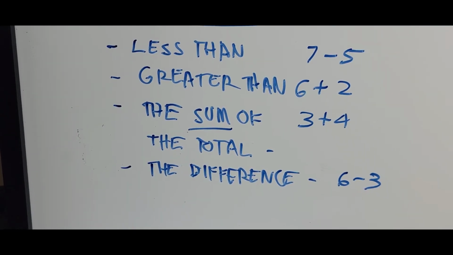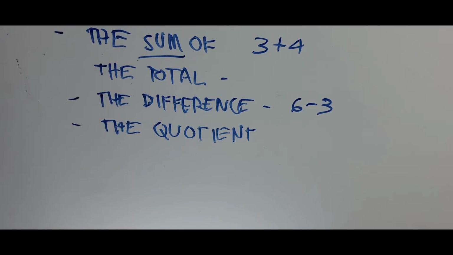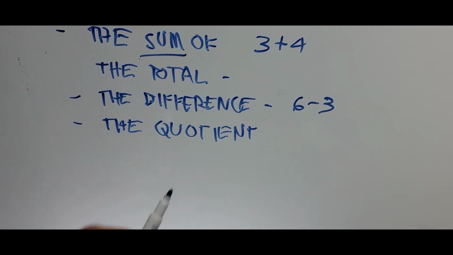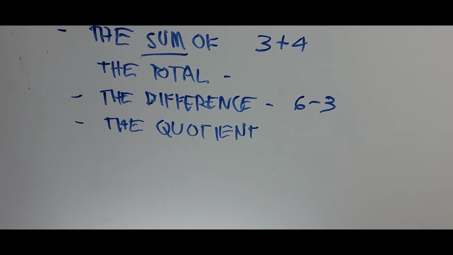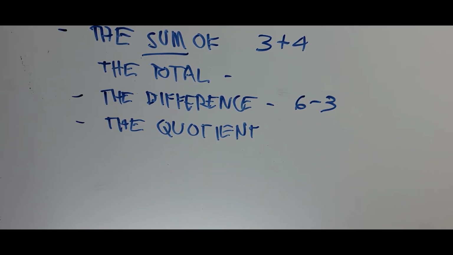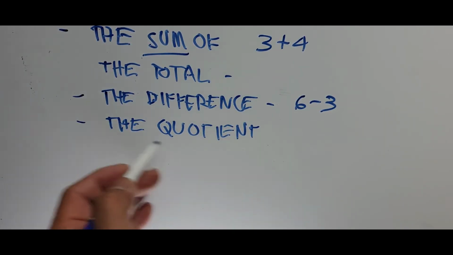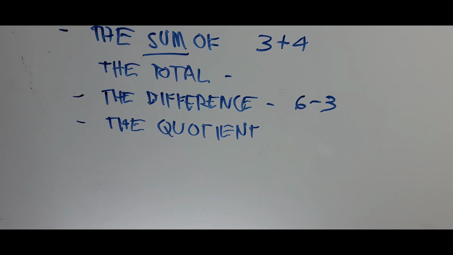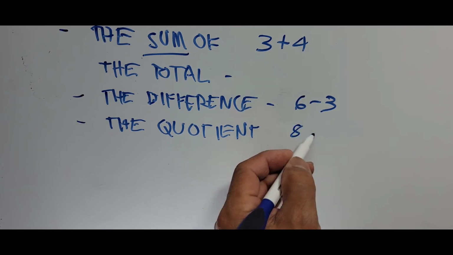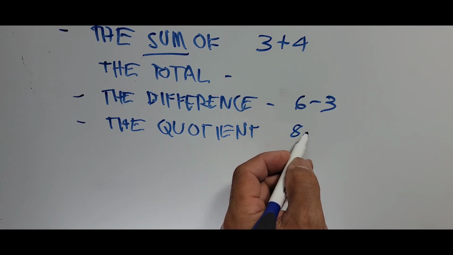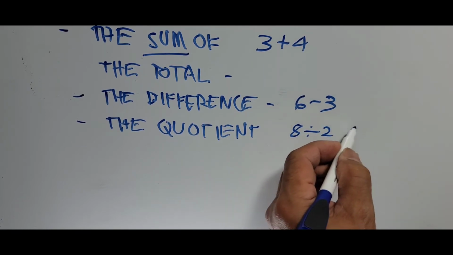How about the quotient of 8 and 2? Whenever you see quotient, that signals what? Division, multiplication, or what? So that signals division. So let's say the quotient of 8 and 2. How would you write that down? Is that 8 divided by 2 or 2 divided by 8?